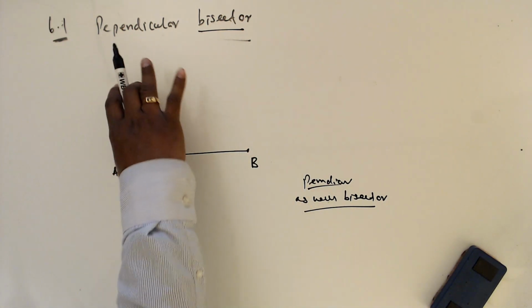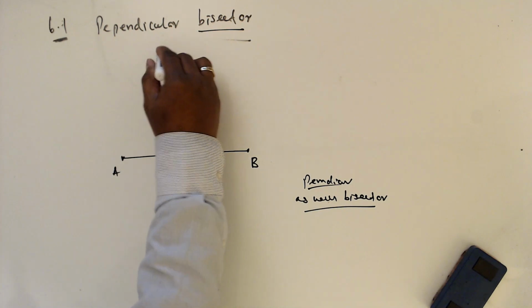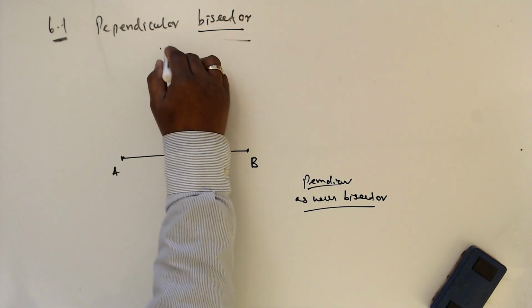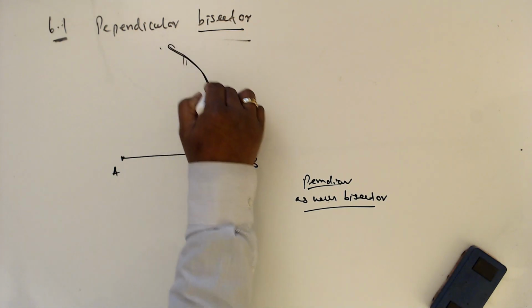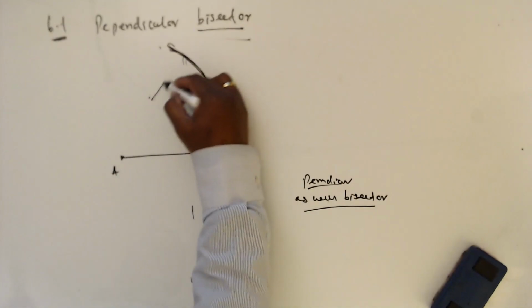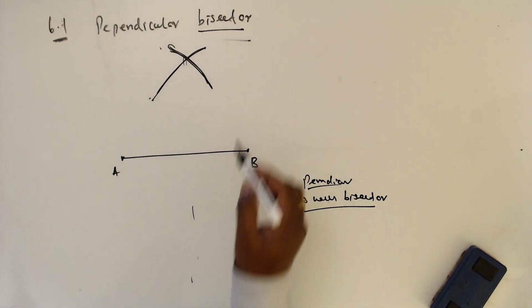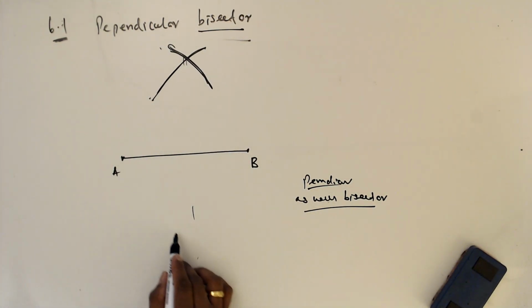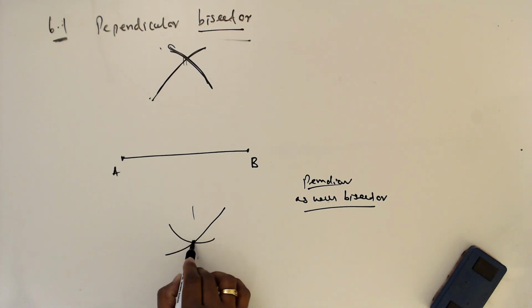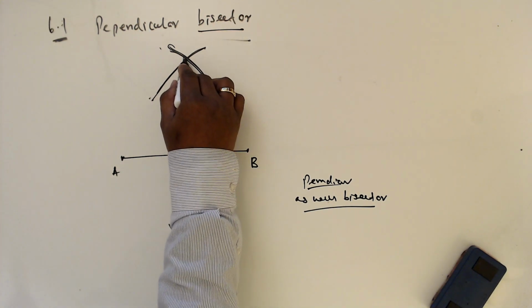You keep the compass, you cross like this, this kind of arc, and from this side as well, and then you merge those two.